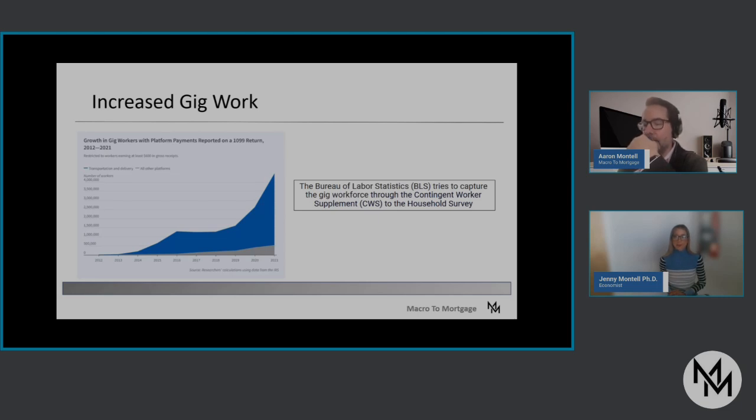And that's a new supplement because of this surge in gig work. I mean, the BLS is trying to get a better handle on gig work, because, as this chart shows, it's become pretty prevalent, and also it's probably fairly obvious, but worth mentioning that somebody can be a full-time W-2 employee and also a gig worker. Yes, indeed. Well said.